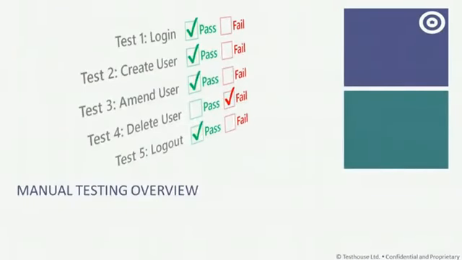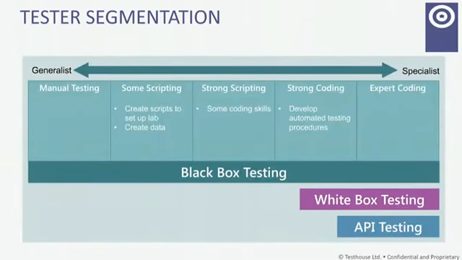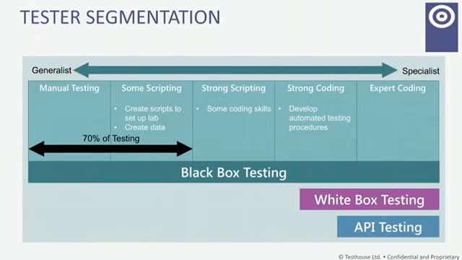So quickly on to manual testing. Manual testing traditionally has been quite largely manual. You've got black box testing, which is the whole of the life cycle. 70% of testing is actually on the manual side, which doesn't require much in the way of scripting or technical skills.